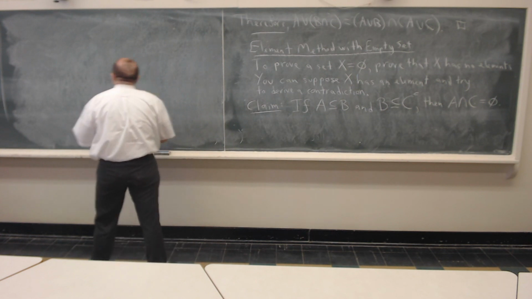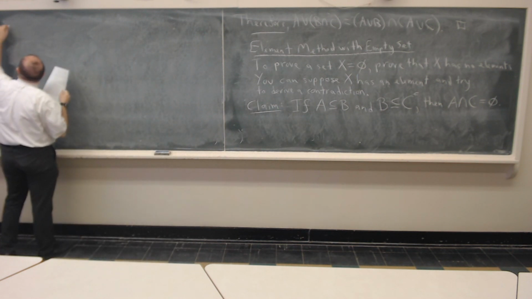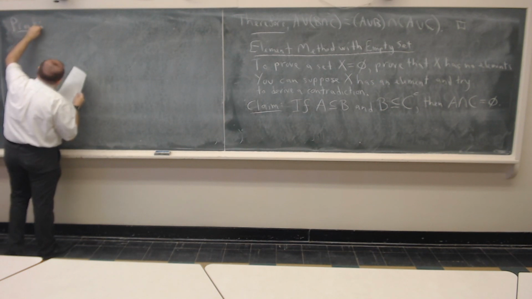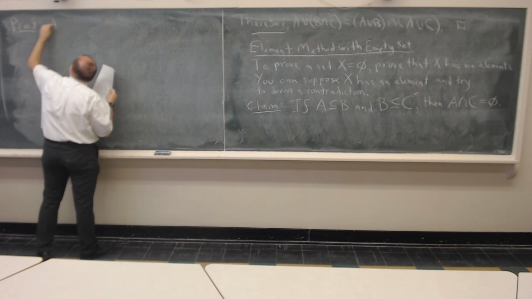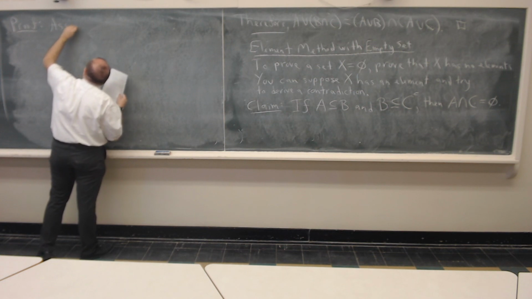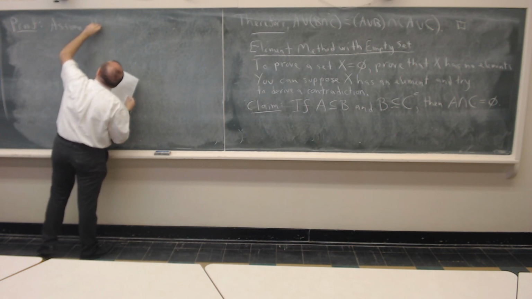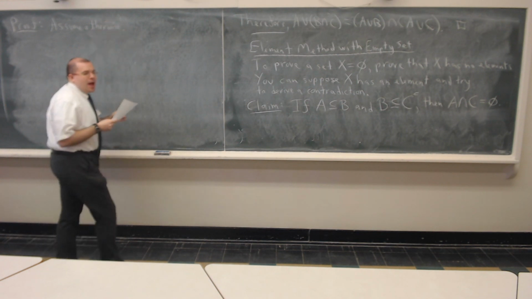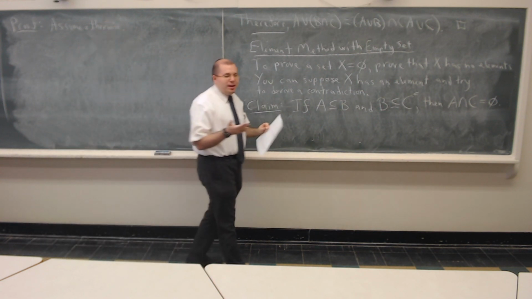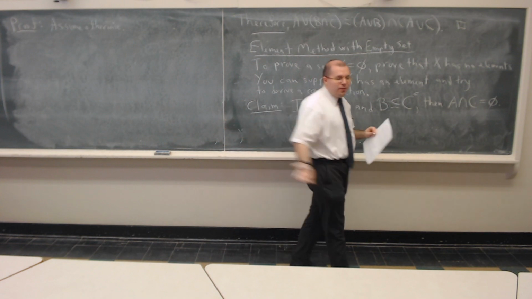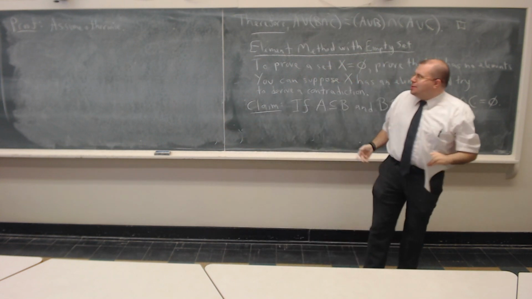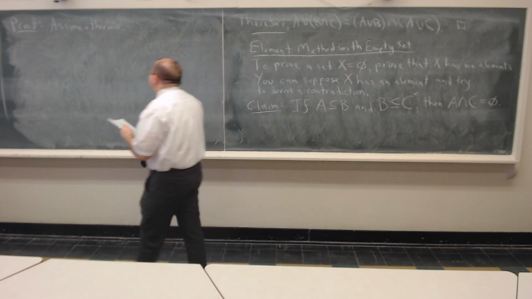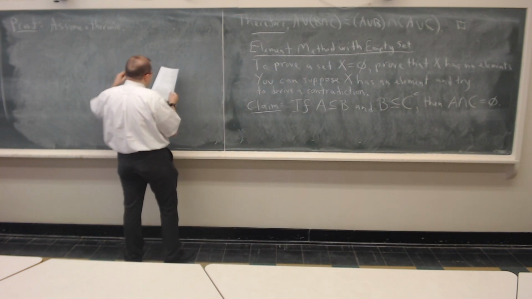So here we go. Here's a proof. So assume otherwise, right? That's usually how I start this off. Assume otherwise. Just like, hey, look, I could have chicken tonight. I could have pizza or something. But assume otherwise. Assume otherwise. So assume otherwise.